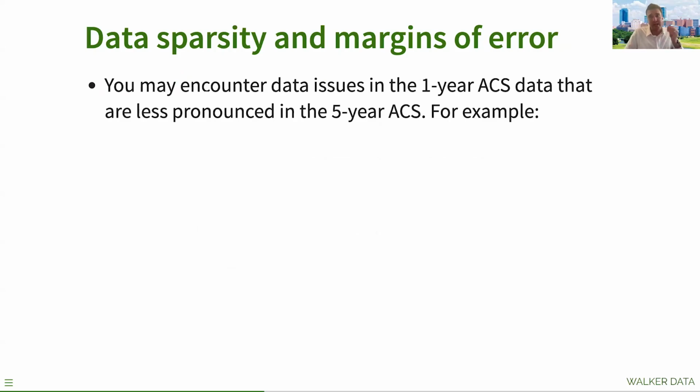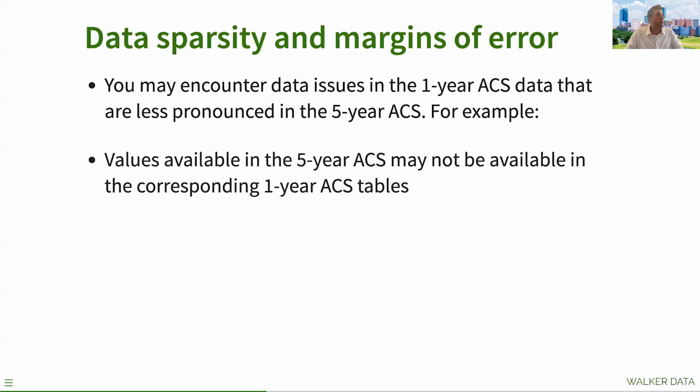Now, I want to compare a table of data that we can look at from the 1-year and the 5-year ACS. There are going to be values available in the 5-year ACS that may not be available in the corresponding 1-year ACS. So you may say, I'm trying to pull this variable, and I know I can get it for this geography in the 5-year ACS, and I think that geography has more than 65,000 people.